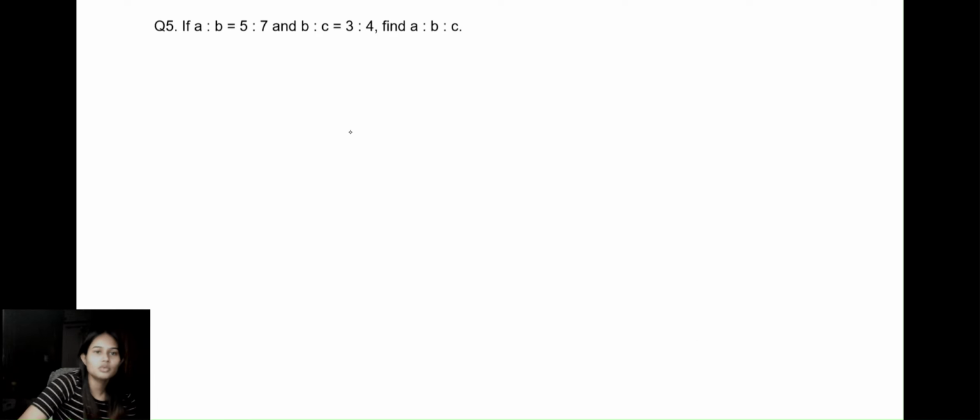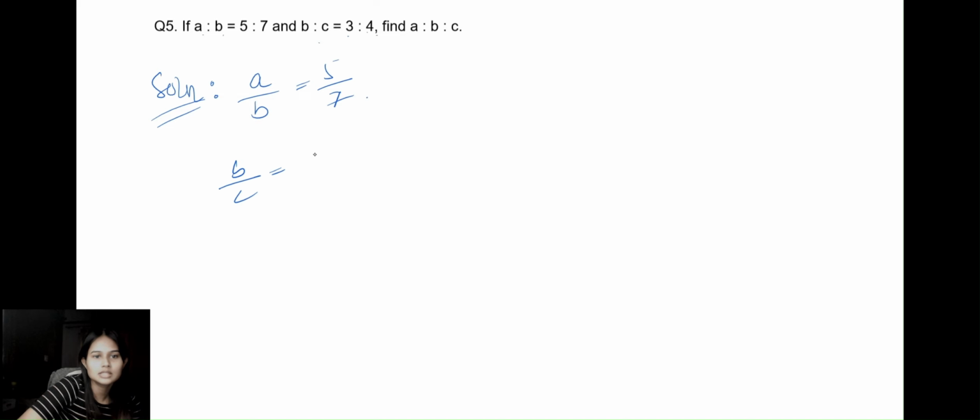Okay, coming to question 5. Given A colon B is 5 colon 7, B colon C is 3 colon 4, find A, B, C. So we have already done a harder problem previously. So this is easier for us. A by B is 5 by 7, B by C is 3 by 4. What we have to do? We have to equalize this. So to equalize this, we can directly multiply with 3 and we can directly multiply with 7.